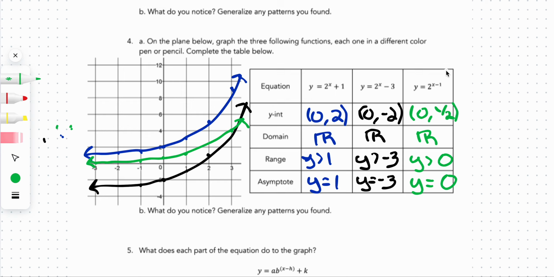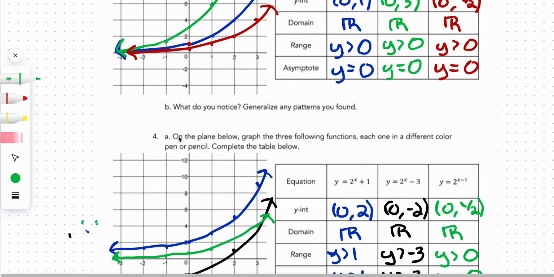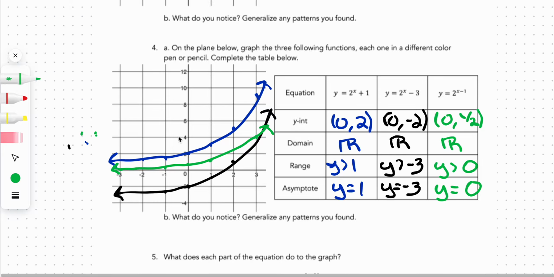Here we're raising it to a power, but now we're subtracting 1. And if you compare this to our regular 2 to the x functions, and you can plot this on Desmos and see, now we're horizontally shifting this exponential function. So when we have x minus 1, we're shifting it 1 in the horizontal direction to the right, I believe.